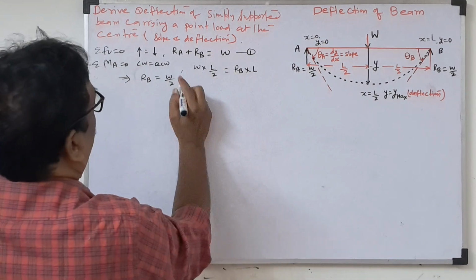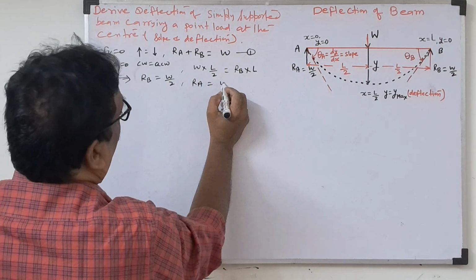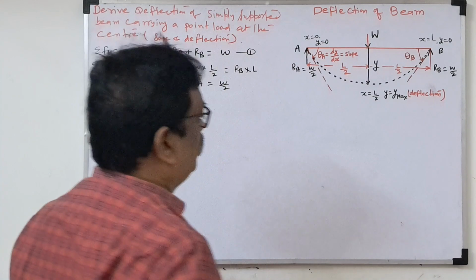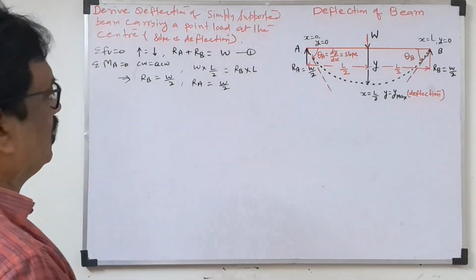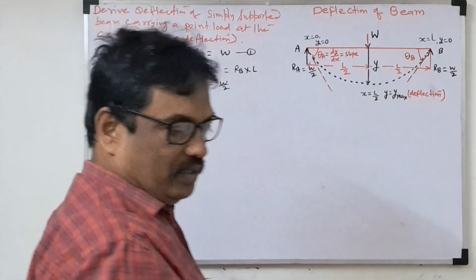Substituting in equation 1, RA also comes as W by 2. So we found the support reactions RA and RB as W by 2. Now we will take any one section. I am taking one section here at X.